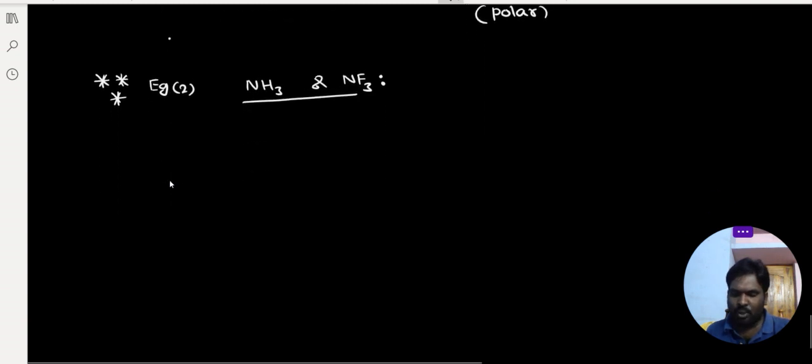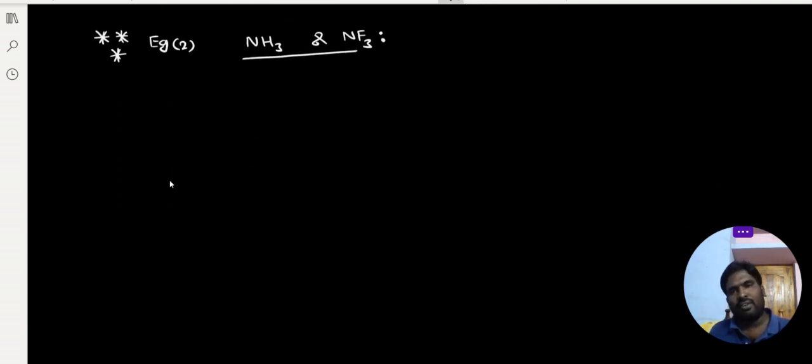Usually, which has greater dipole moment, ammonia or NF3? Generally we thought NF3 has greater dipole moment, but that is wrong. NH3 has greater dipole moment. Normally, how can we think? Fluorine more electronegative, maybe greater bond polarity, maybe greater dipole moment. Wrong. Among the two, NH3 and NF3, ammonia has greater dipole moment.